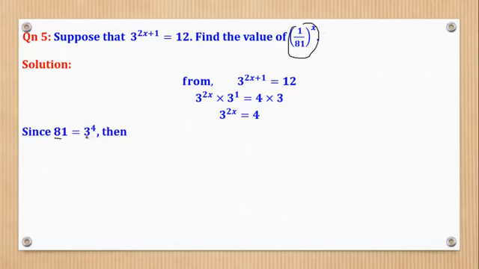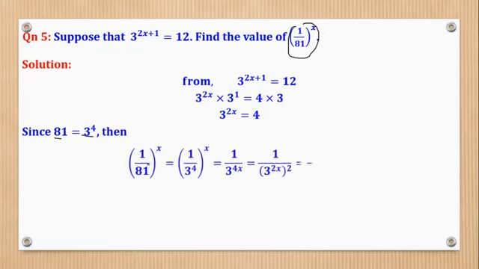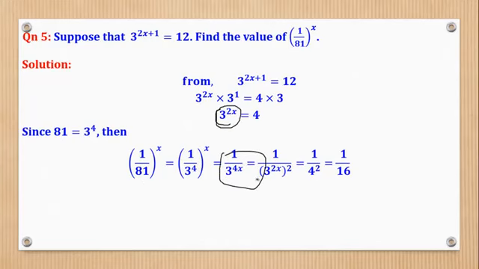So since 81 is equal to 3 to the power 4, it implies that 1 over 81 to the power x is the same as 1 over 3 to the power 4, everything to the power x, whereby this is a power and this is also a power, so it can come up with this. Then what I want is something similar to this, so that's why you put the 2 out, because 4x is the same as 2x times 2, so first put the 2 outside, remaining with 2x inside.